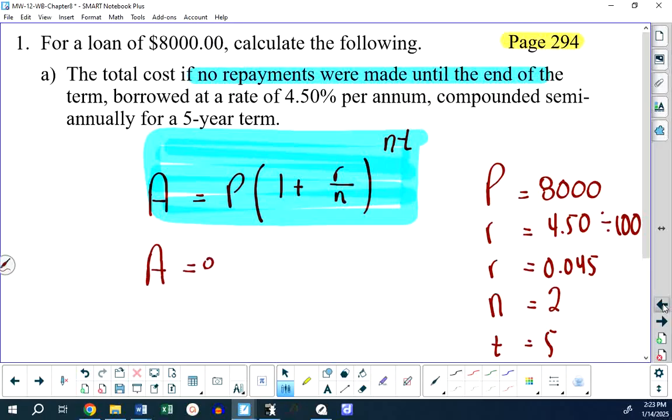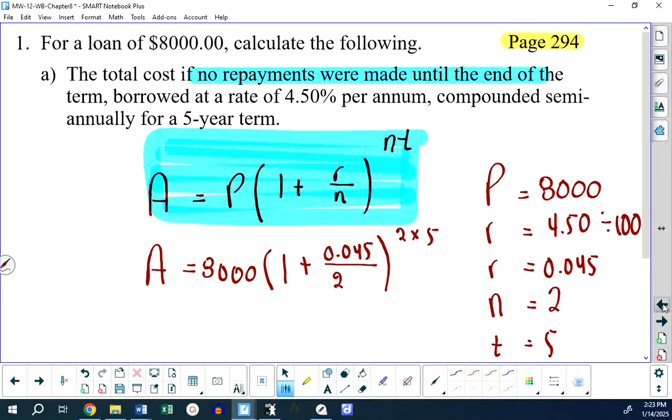So we put 8,000 here, multiplied by 1 plus 0.045 over 2 raised to the 2 times 5.